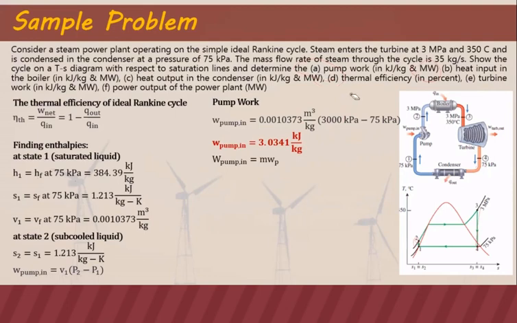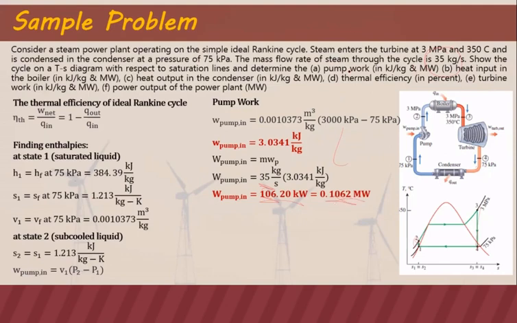The mass flow rate based on our given is 35 kilograms per second. So just multiply our pumping work by 35 kilograms per second, then we will have a pumping work of 106.2 kilowatt, and then divide by 1000 to obtain the megawatt equivalent. That's 0.1062 megawatt.